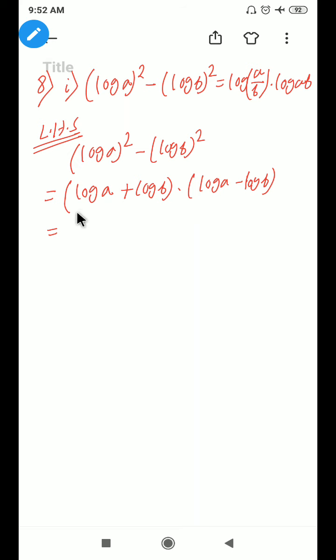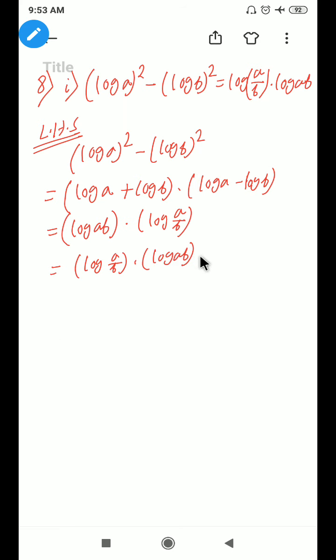Addition of logarithms will be multiplication inside the logarithm, and subtraction of logarithms will be division inside the logarithm. So you can write this as log a by b into log ab. So this is our answer. RHS proved.